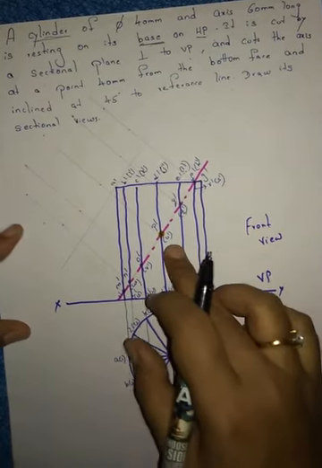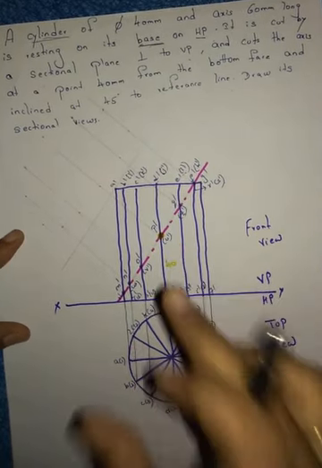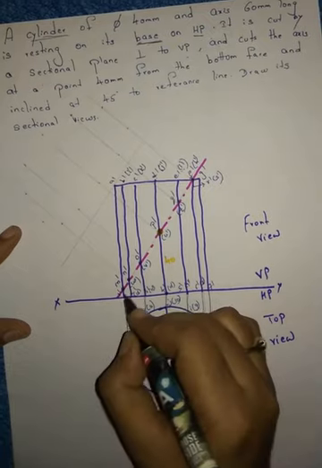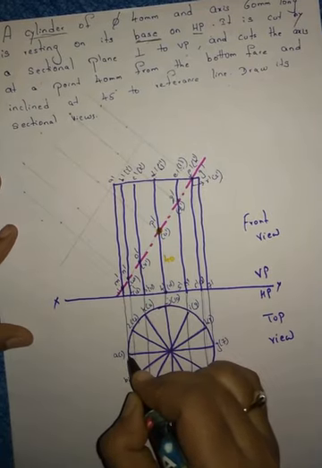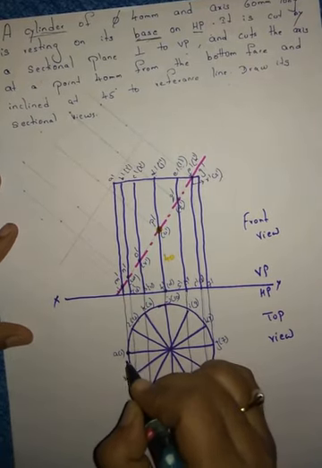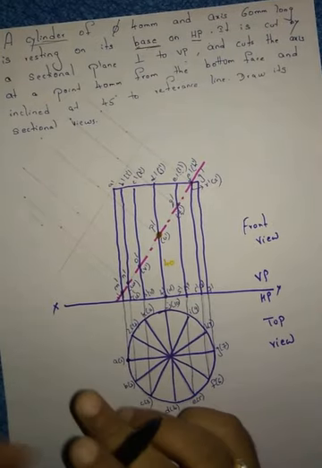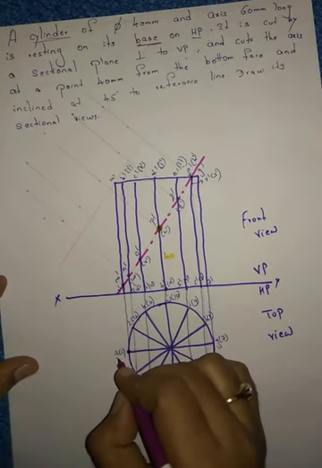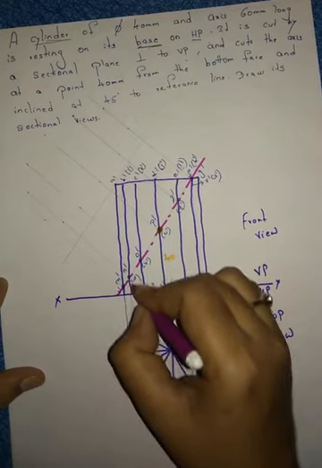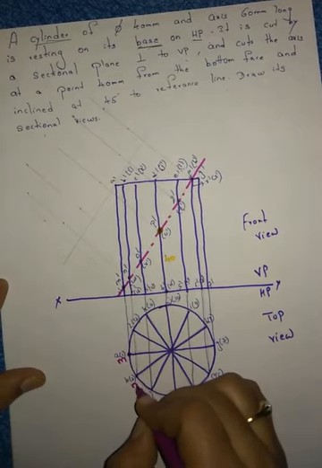Right. After marking points, what you have to do? You have to project all these points till the bottom, right? From M, if you are drawing a straight line, anyway you will get point M here. From N, if you are drawing a straight line, you will get the end point.